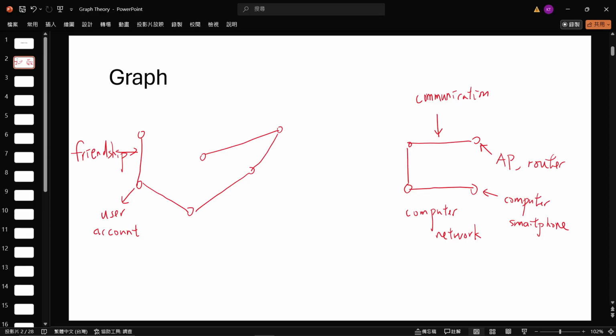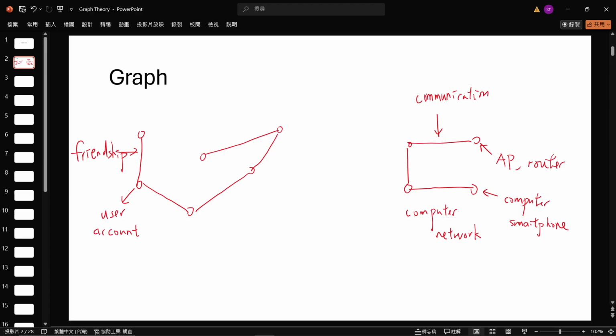Any device that is capable of communicating with others can be treated as a device in this kind of computer network, right? For these examples, these communications are wireless communication. But for something like Ethernet, the link or the communication will be wired. Okay.